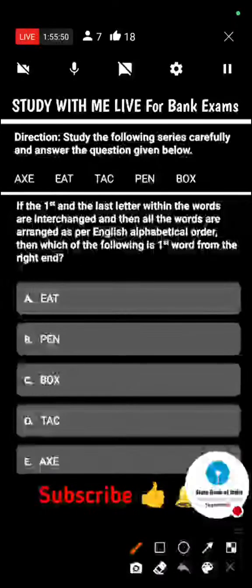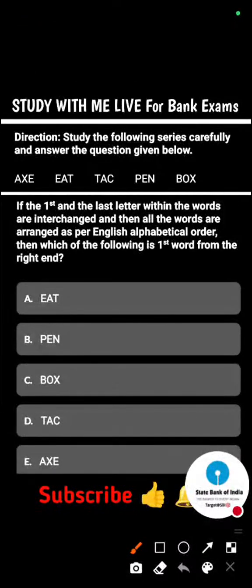Let's see this one. If the first and the last letters within the words are interchanged, and then all the words are arranged in alphabetical order.